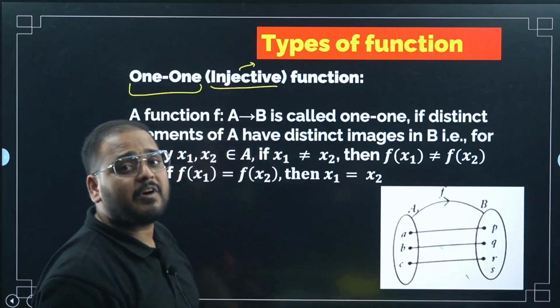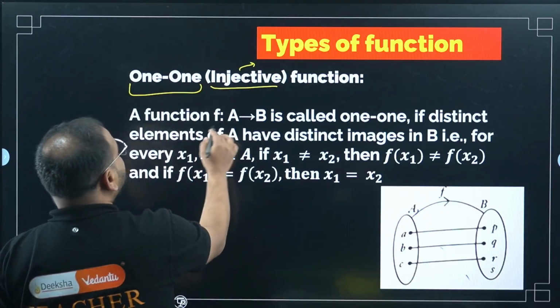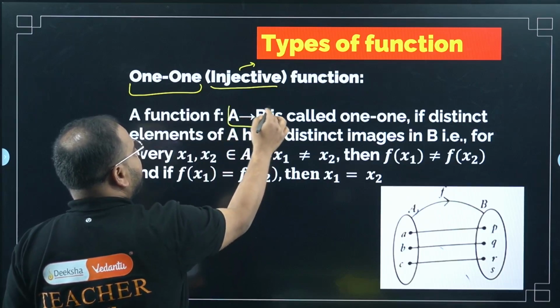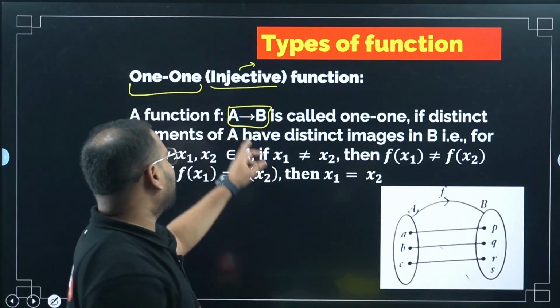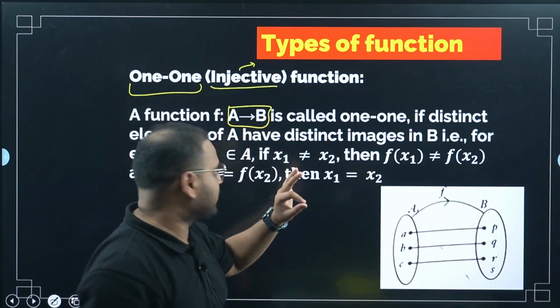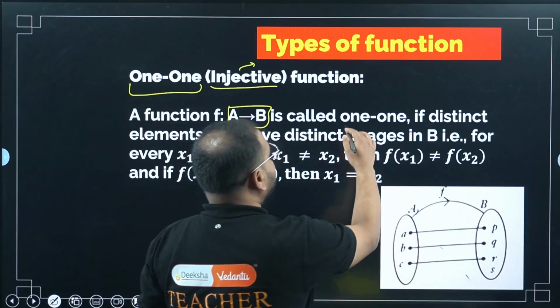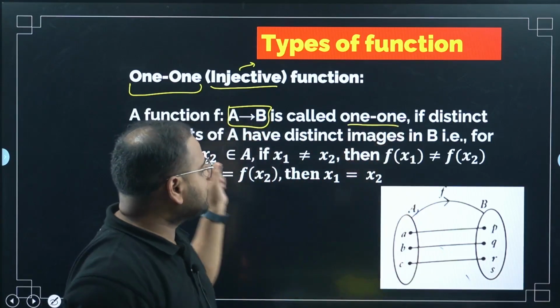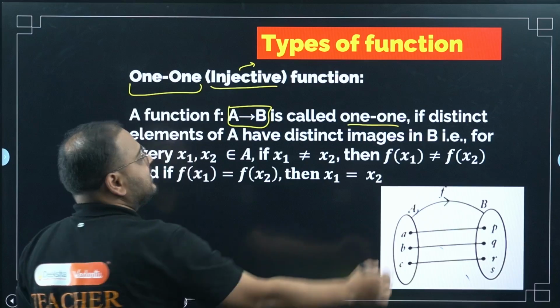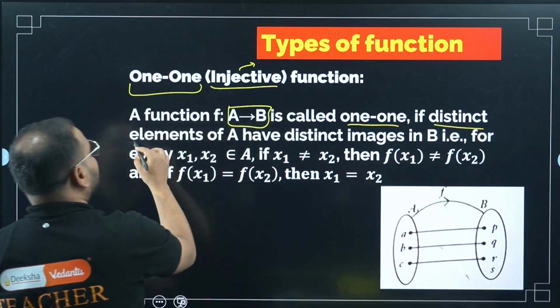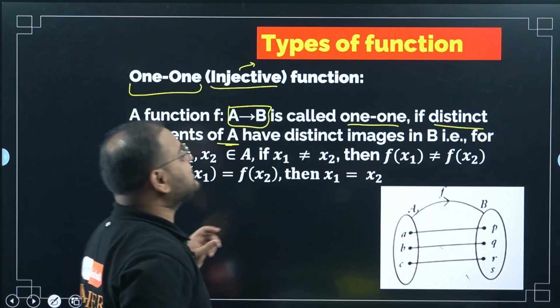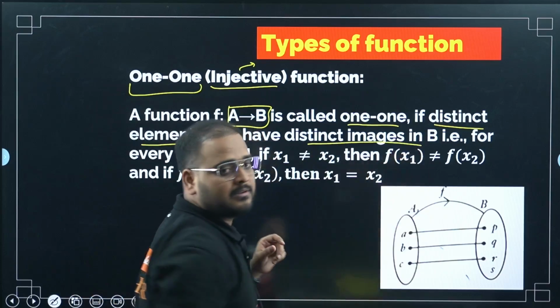So how is the function defined? A function on A and B, where A is my domain and B is the codomain or range, is called 1-1 if distinct elements of A have distinct images in B. What does it mean?